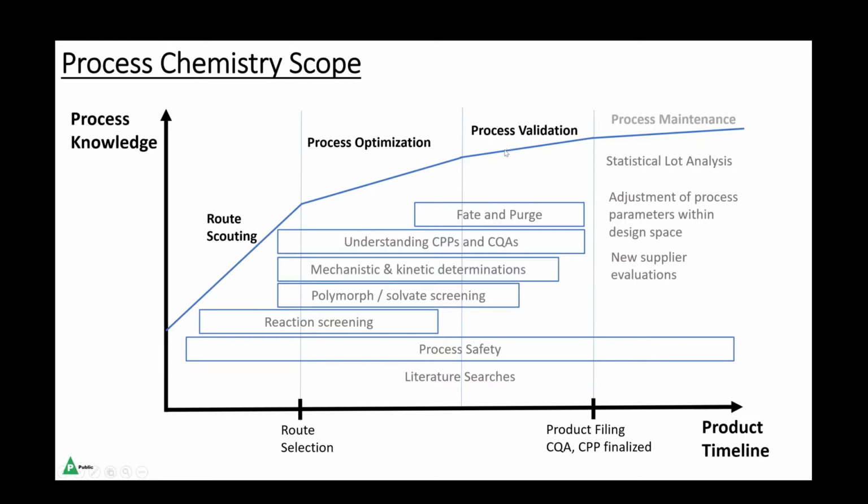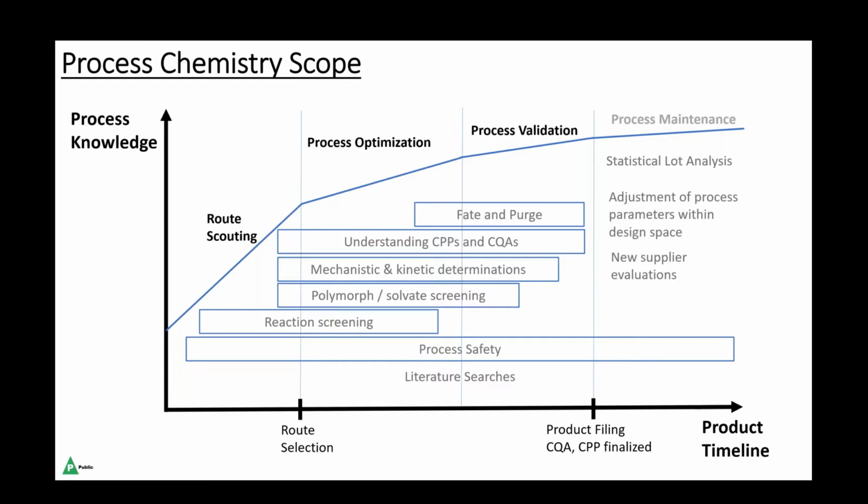Process validation, which is a formal process of proving that the selected synthetic route meets all regulatory requirements. And finally, process maintenance, which involves addressing unforeseen manufacturing problems, satisfying new regulatory requirements, and implementing new technologies when they make sense.